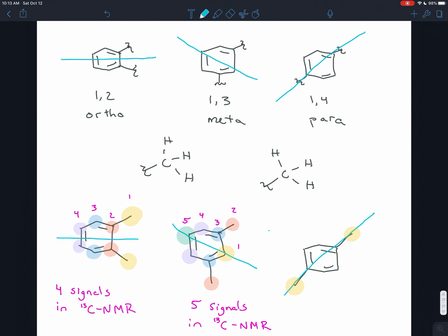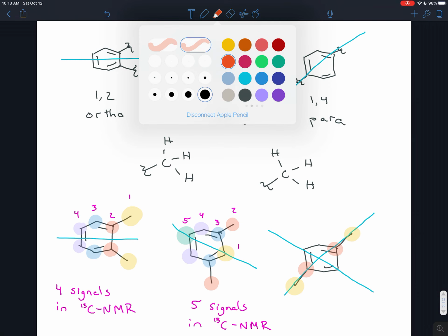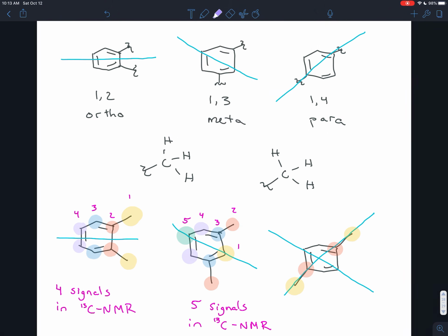We have a line of symmetry going through the other end of the molecule. So that makes those 2 carbons the same. Then you have the carbon they're attached to. Those are on opposite sides of that line of symmetry, so those are in the same environment. And then you have the carbon that's 1 away from them.